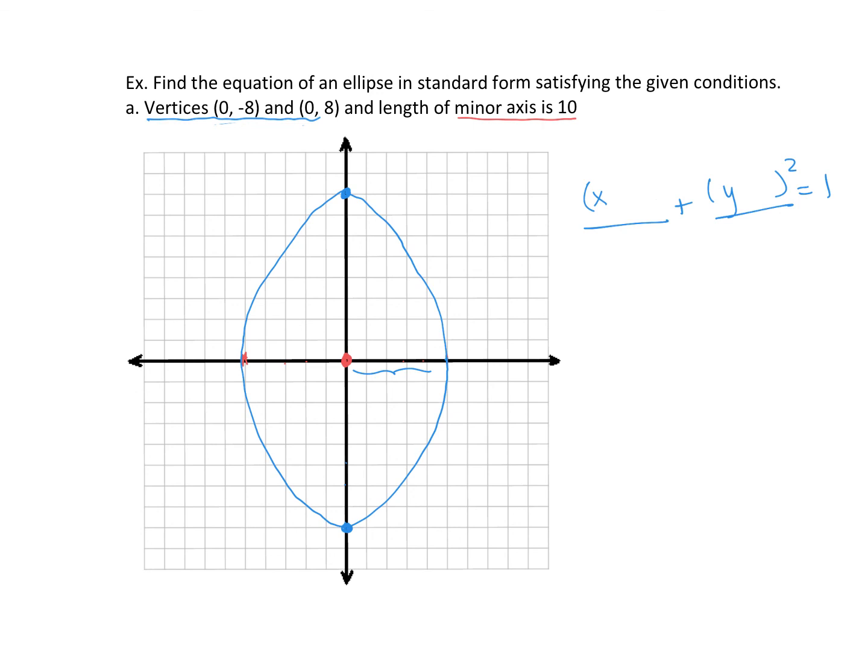So let's just take those off and make it x squared and y squared. Now, in the x direction, I've gone 5, so that's 5 in this direction and 5 in this direction. So this is 5 squared. In the y direction, I've gone 8, so this is 8 squared. And if we want, we can simplify it just a bit and get the following.